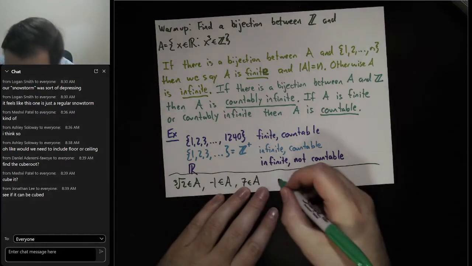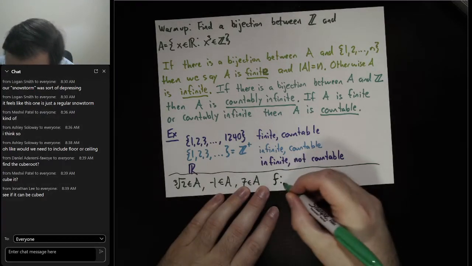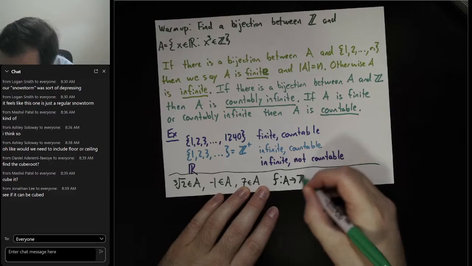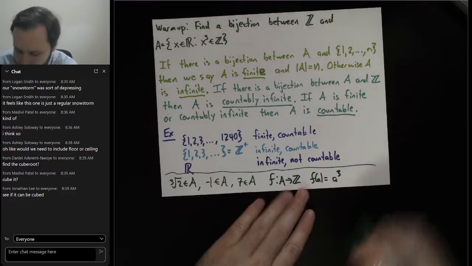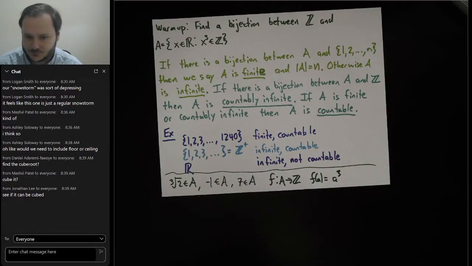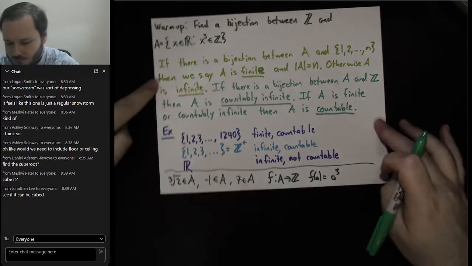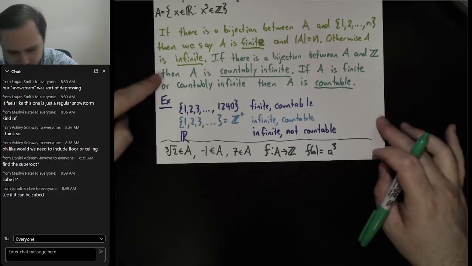So let's look at the function f mapping A onto the integers. f of a equals a cubed. Let's prove that this function is a bijection.